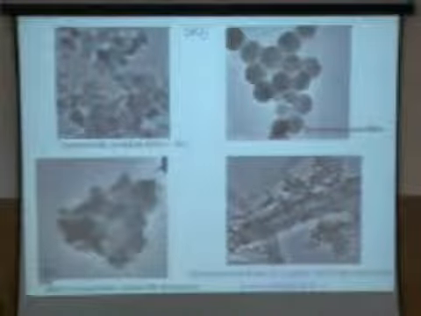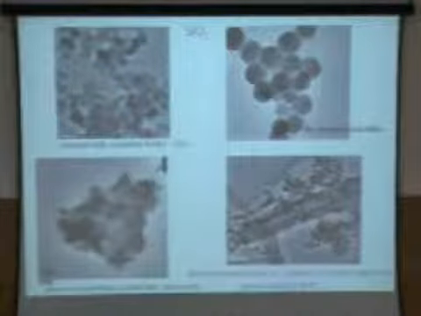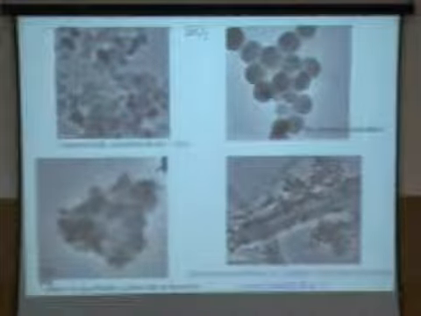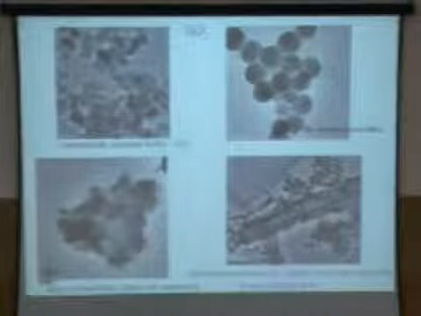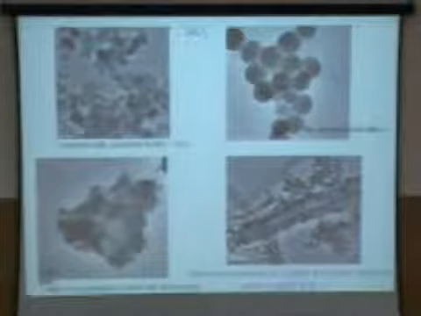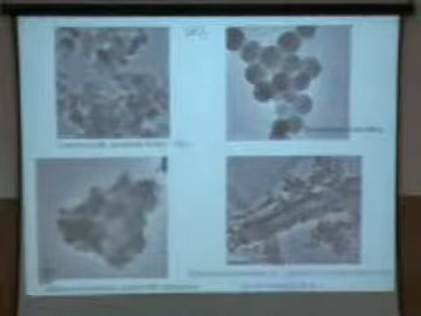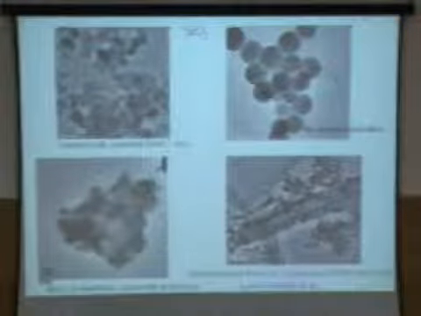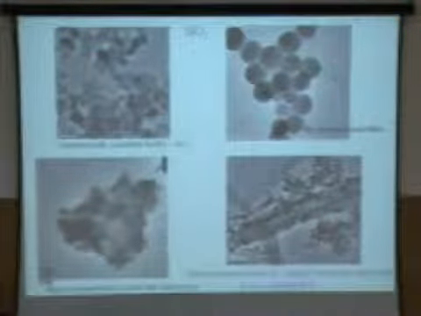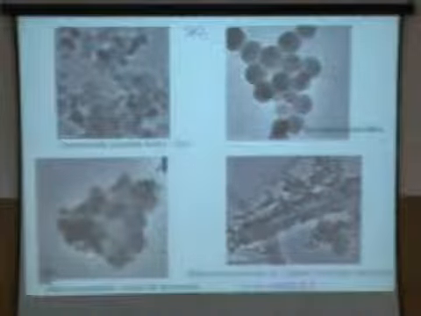So these are some silica particles that we made by our microemulsion method, and you can see this is very uniform, and this is what is supplied by the world's best company of nanosilica. If you buy, this is a transmission electron microscope image of the world's best chemical company. Ours are much more uniform.